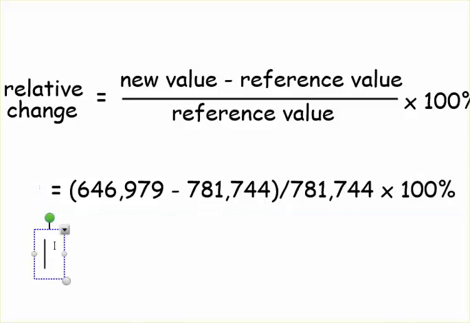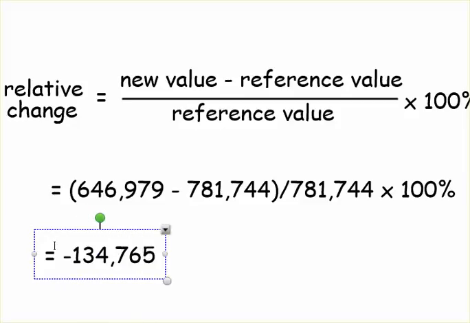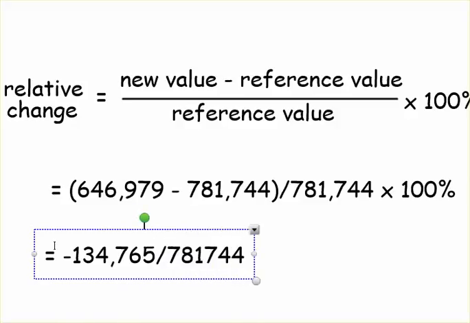You can pull out your calculator and calculate with me. First, when you find that difference, you're going to find it's negative. It's going to be negative 134,765. Then we're going to take that and divide it by 781,744 and multiply by 100%.